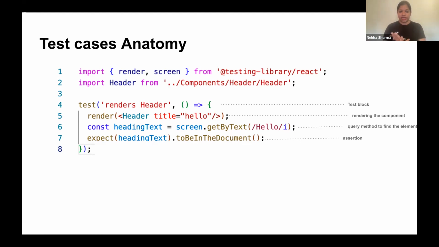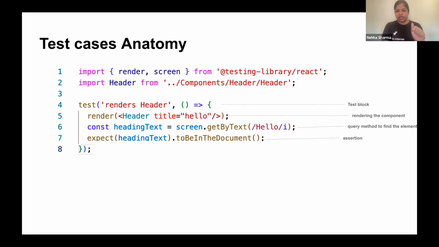Now what I can do is write multiple such test blocks for my component header. Here, I'm just checking the text hello. What else I can check is whether the header tag is there or not, whether the header tag is valid or not. Maybe if I'm doing some logical thing on classes or style, I can test that also. You can do testing in multiple ways when you are writing test cases.